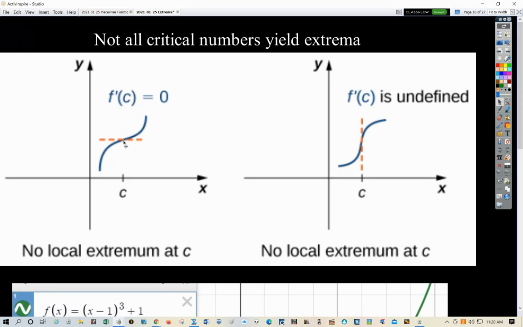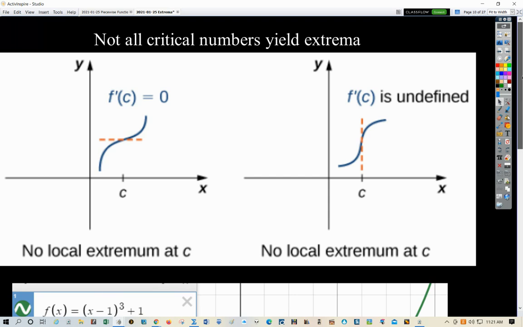You could have a function that has a horizontal tangent, but it is not, in fact, a minimum or a maximum. This is what we're going to come to call an inflection point, okay? You could also have a place in a function where the derivative is undefined because we have a vertical tangent line, but that's not necessarily a minimum or a maximum either, right?